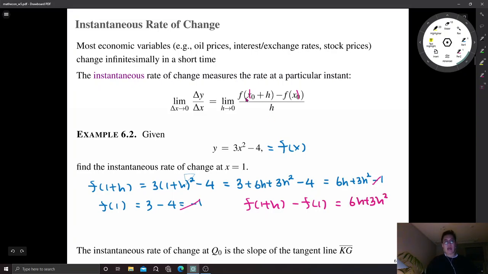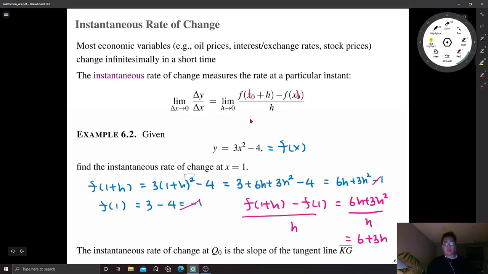That is the numerator of the instantaneous rate of change, and we divide it by h, so then we get 6 plus 3h, since 6h becomes 6 and 3h squared becomes 3h.